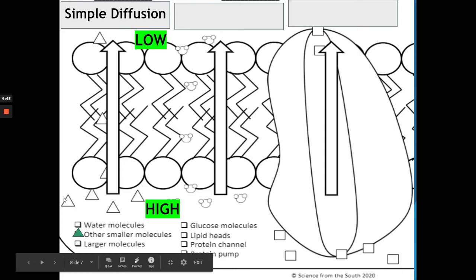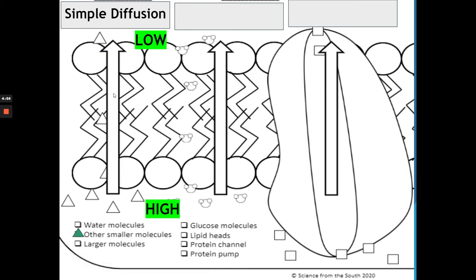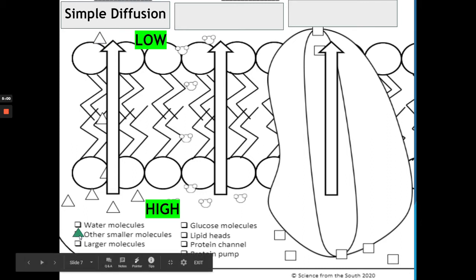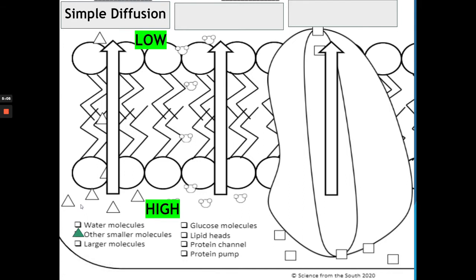So we see the high end has 1, 2, 3, 4 of them, and the low just has 1. Now, these are our smaller, our nonpolar molecules, and we are going to represent them with green. So at this point, find yourself a green marker, a green colored pencil, a green crayon, and let's fill in these small molecules with green.